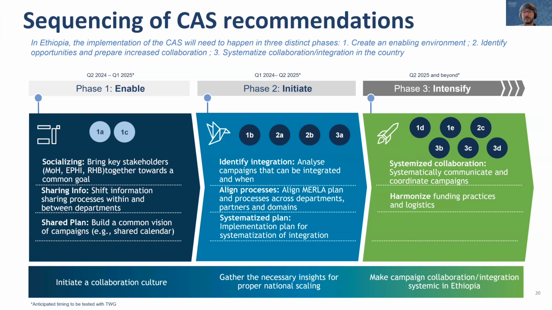The second is initiation: identifying integration opportunities, when they could be integrated, aligning the processes across the campaigns, and having a systematized plan for integration. And then a third phase of intensification: scaling up the new practices, systemized collaboration, and harmonization of funding practices and logistics, which takes a little bit more time.